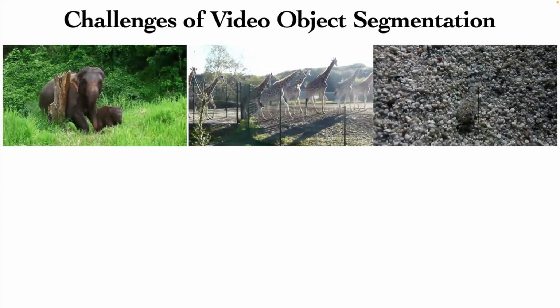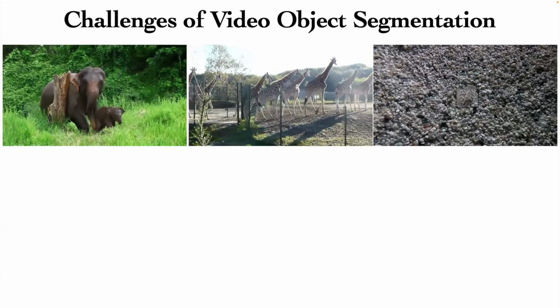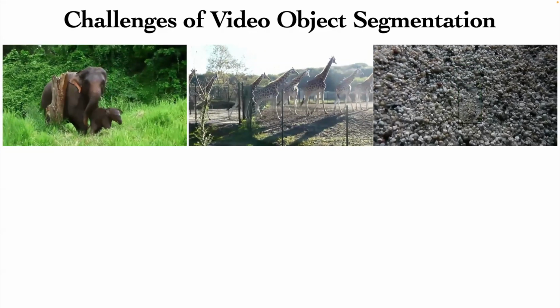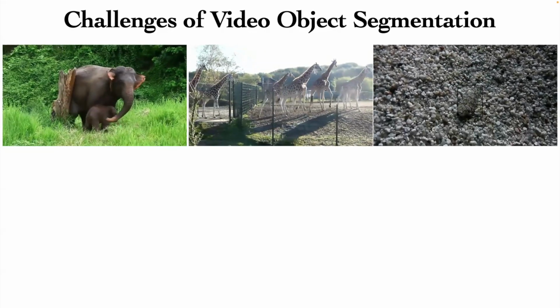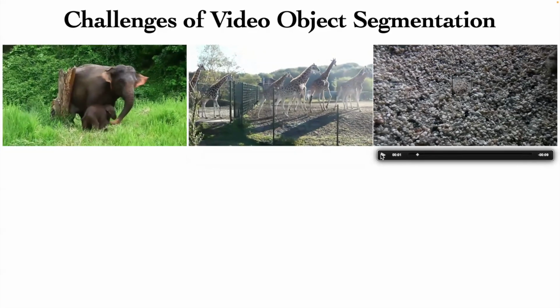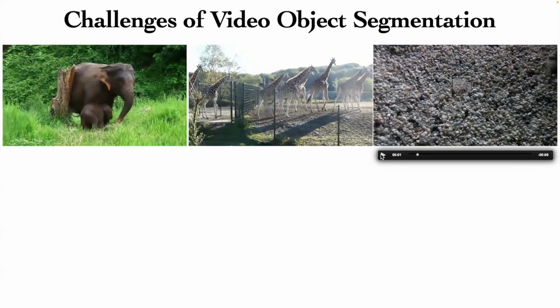The challenge is that on one end, you have a brown elephant against green grass. Simple color segmentation would do. On the right, you have this camouflaged animal. If I pause at the moment, you may not be able to see the animal if I don't box it.